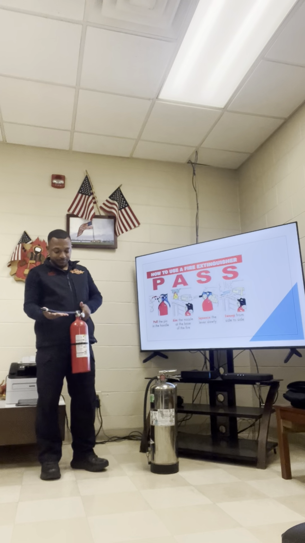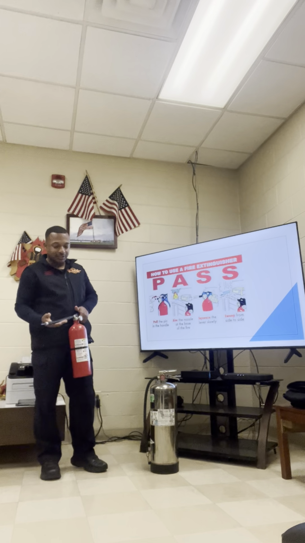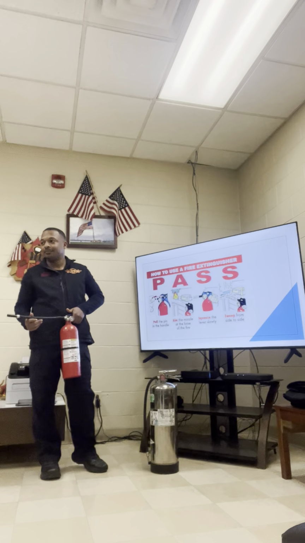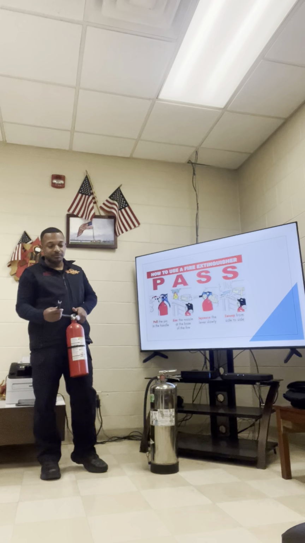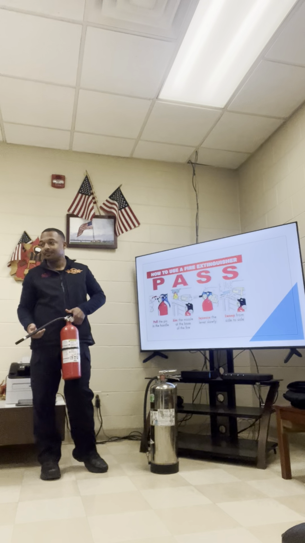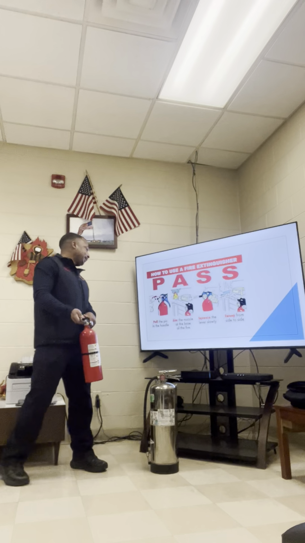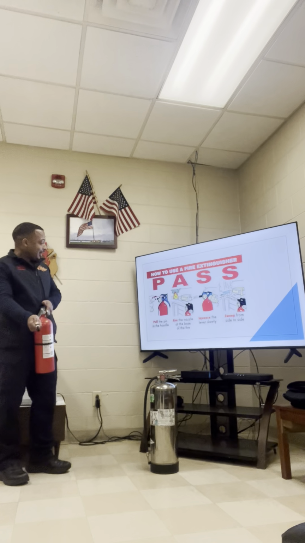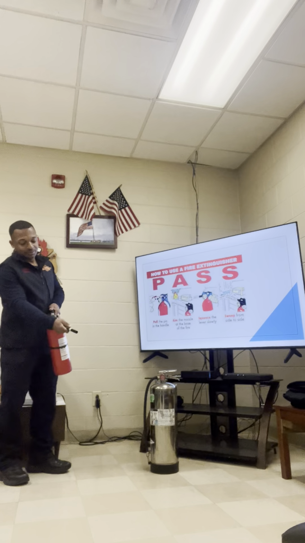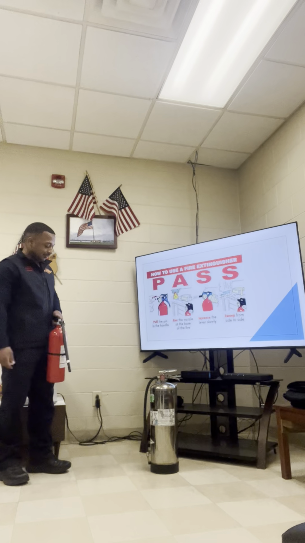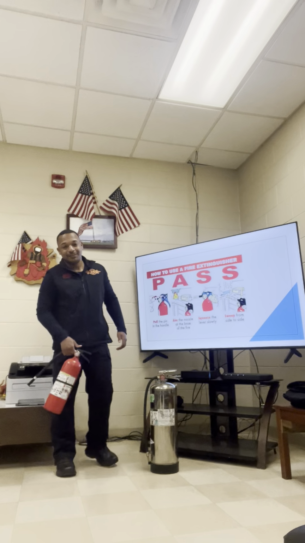Always remember, if you're going to use dry powder, if you can, have it where you can air the room out. If you're using it in an enclosed space, you probably need to wear a respirator or SCBA. But you pull the pin, aim the nozzle, sweep, and slowly squeeze at the same time, and it's going to be a pretty big cleanup after that.